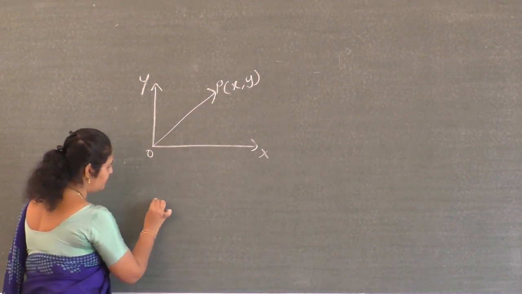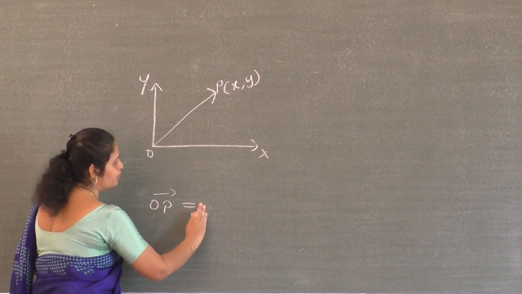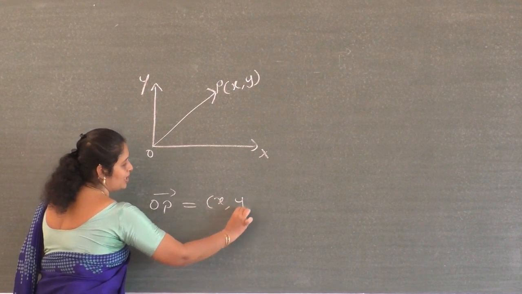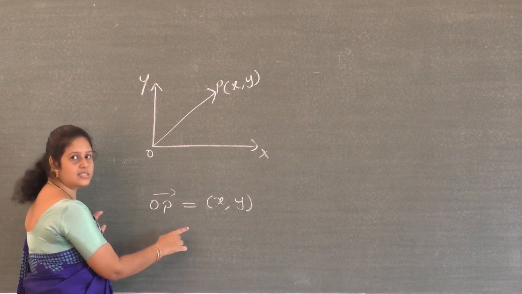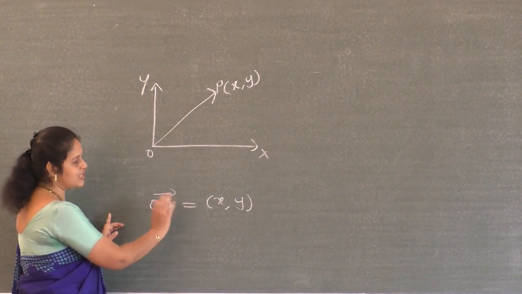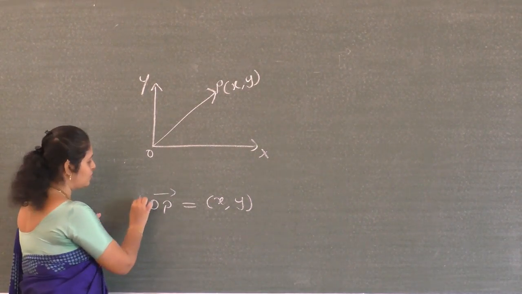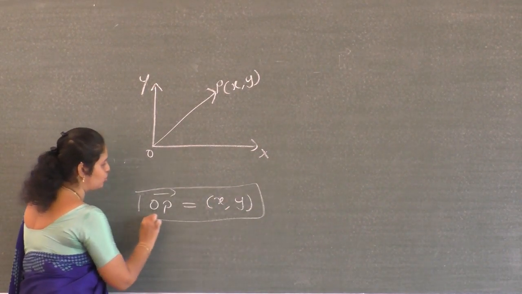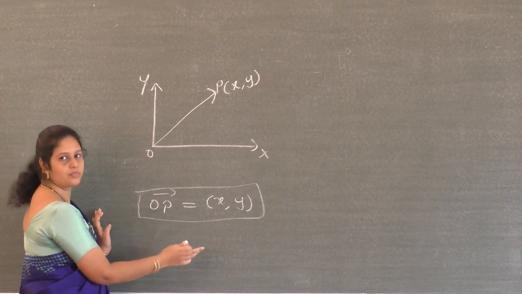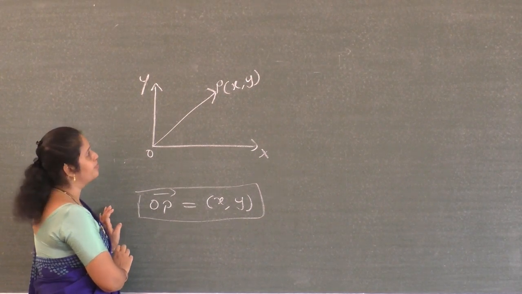So I can write vector OP is equal to x comma y. This is a representation of a two-dimensional vector. This way also we can represent a 2D vector.